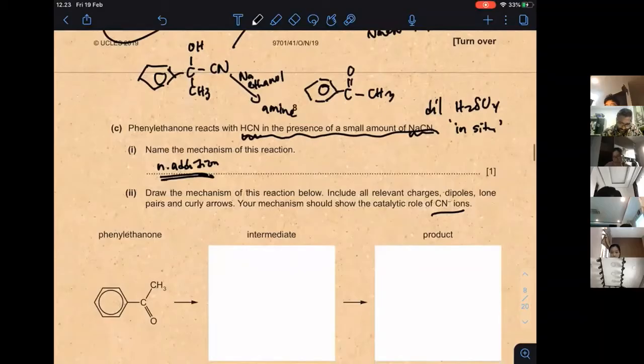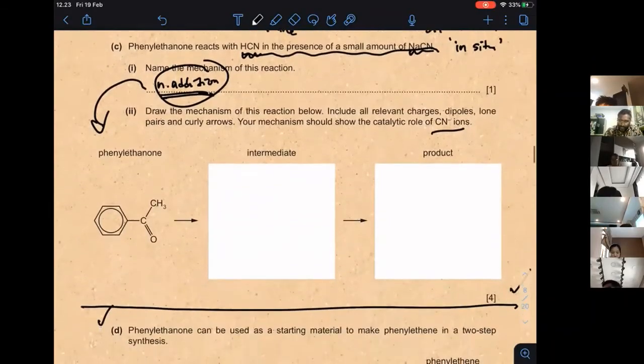So this is what they want you to write: the mechanism, using the curly arrow, which is very important. So at the phenylethanol, what will happen?